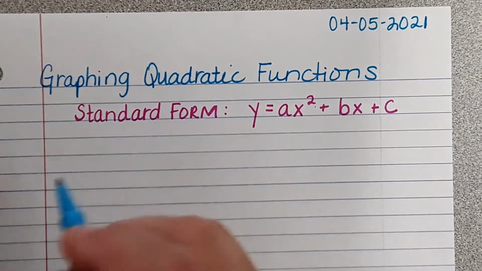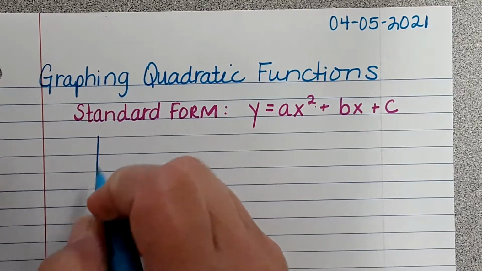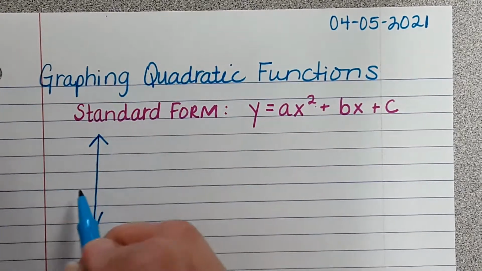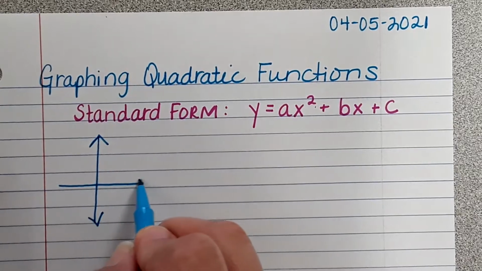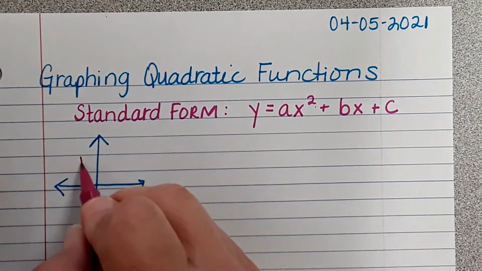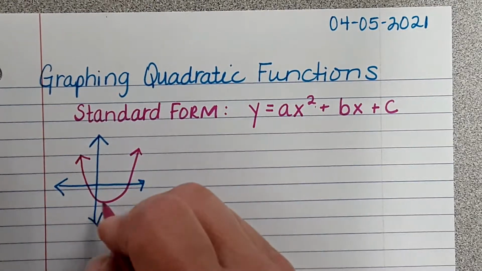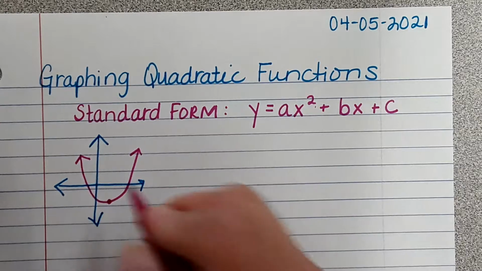Okay? So the first thing you need to know is that these equations are called parabolas. And the ones that we are going to look at either open up or down. So they either open up like this and they look like a U, and this would be your vertex.